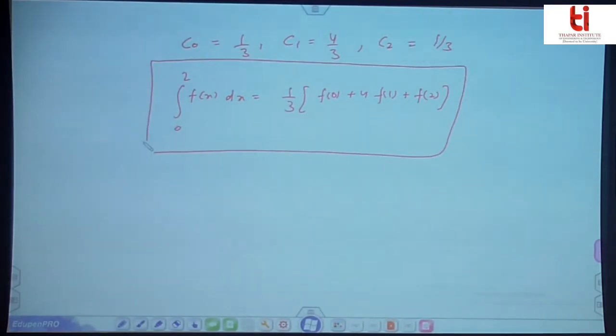Okay, similarly one more example we have here: integral from 0 to 1 of f(x) dx equal to c0 f(0) + c1 f(x1).